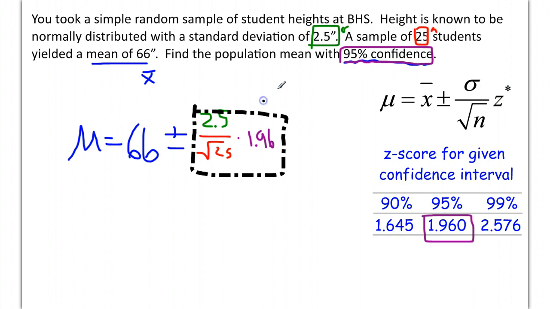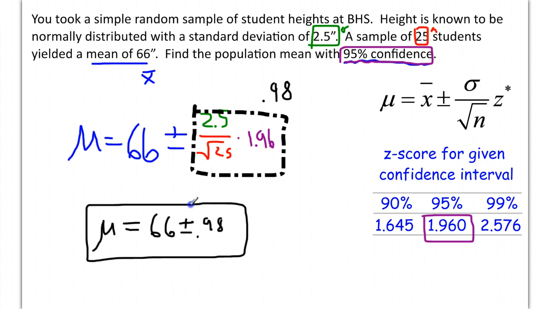So this error right here is equal to 0.98. So that means my final estimate would be that mu is equal to 66 plus or minus 0.98. Now there are other ways to express this interval, and we'll talk about converting it to different forms later. But this here would be your basic confidence interval using that standard equation that we just talked about.